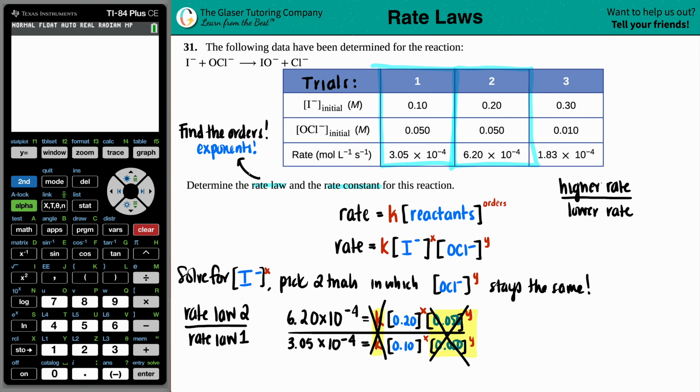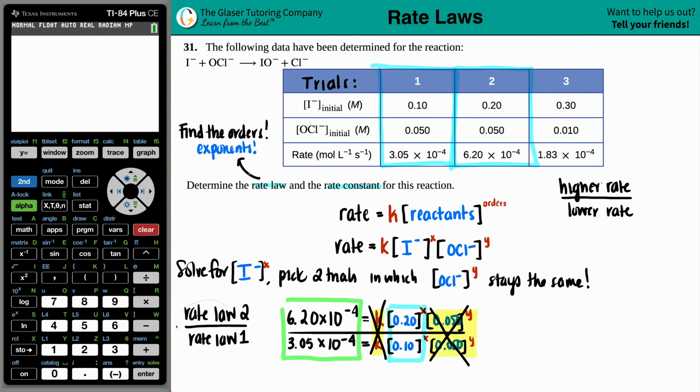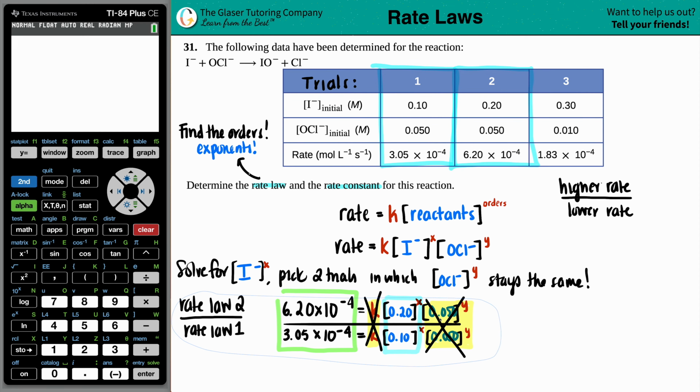So now you're just down to two things. We just have to divide both rates, and then divide those concentration numbers. Let me pull this over just so I have a little bit of room.